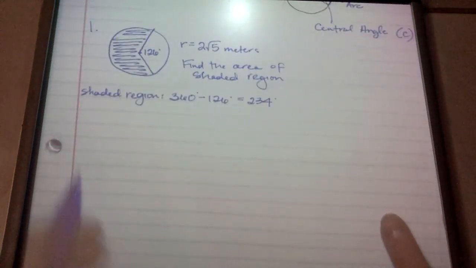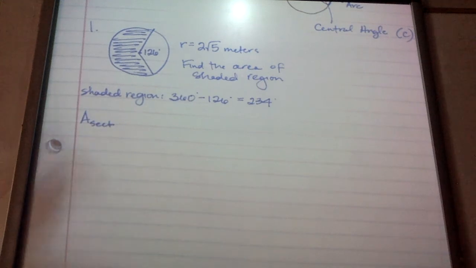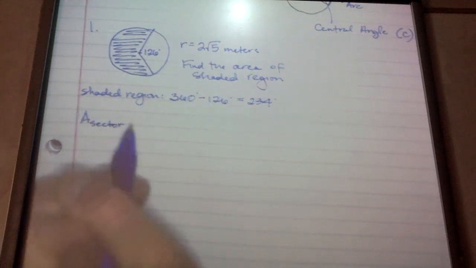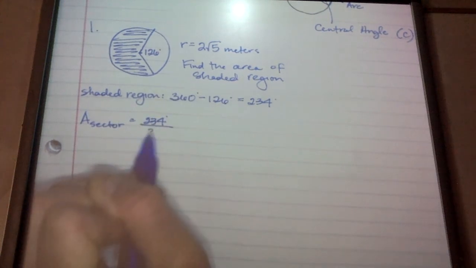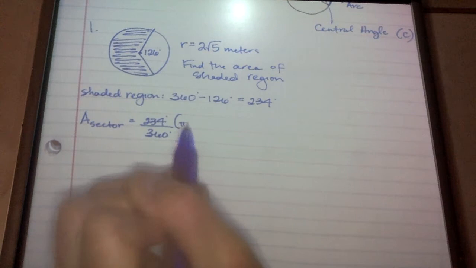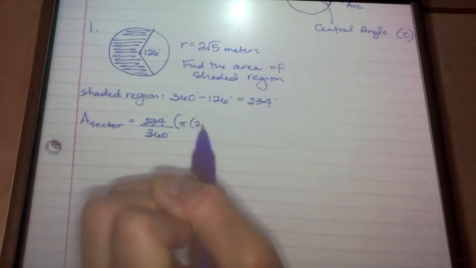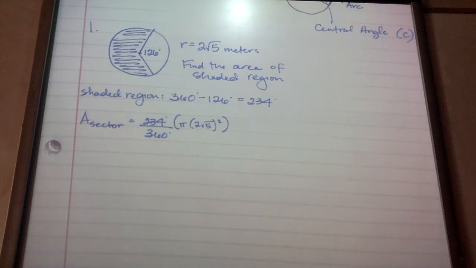Okay? So the area of the sector, and I'm looking at the shaded sector, would equal 234 degrees over 360 times pi times 2 √5 squared. And then I'm going to start to simplify that.